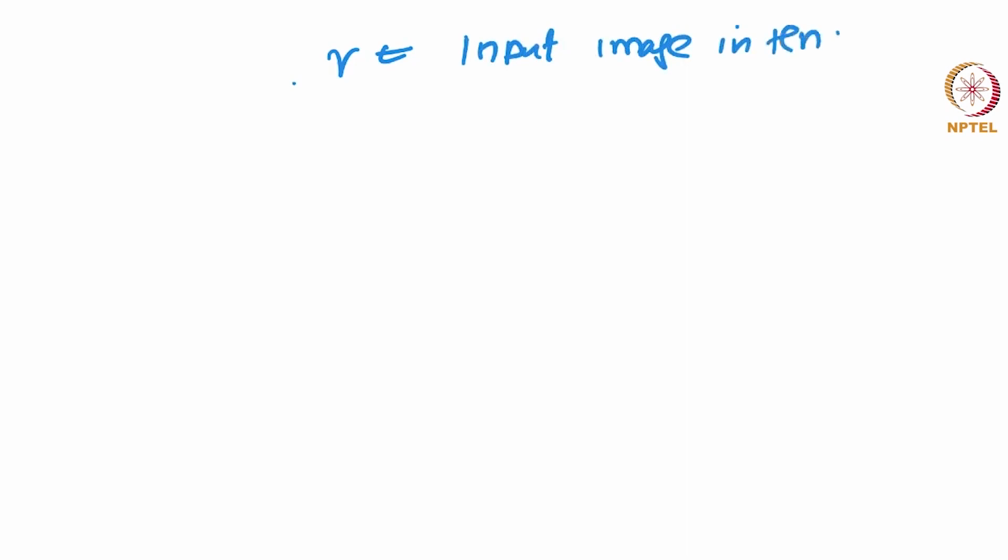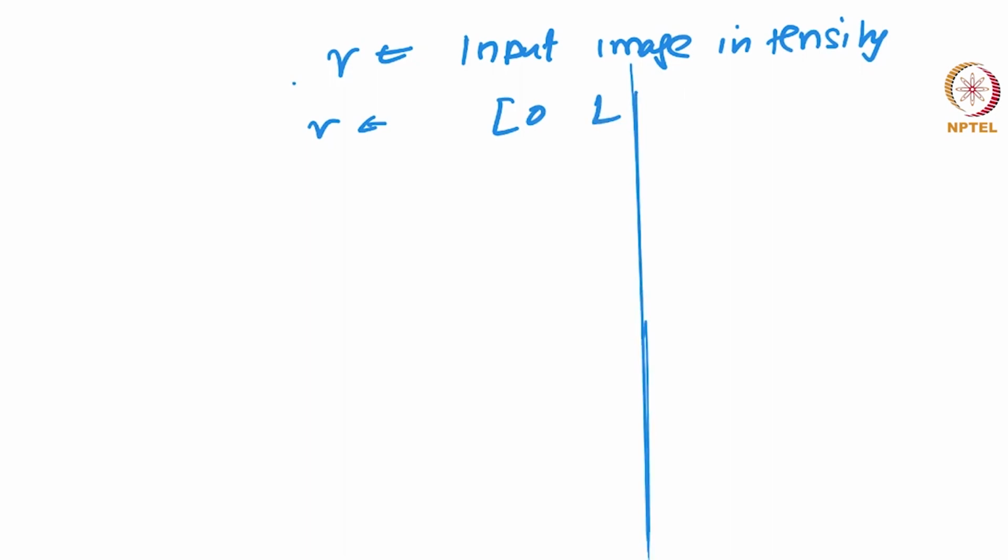So we denote the pixel values in the input image by R. We also assume that R is in the range 0 to L. Okay. So that's typically assumed. We can always assume larger ranges if you want to. Of course, when you go to a real image, where our pixel values are discrete, we will have to change a little bit, but at this point 0 to L. R takes on values 0 to L. Okay. So we can say that R equal to 0 is dark or black, and L is bright.